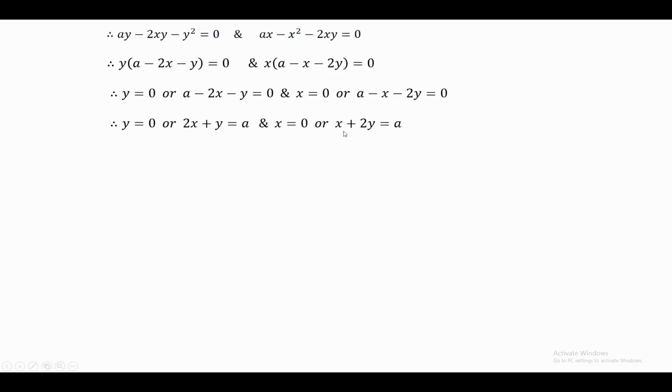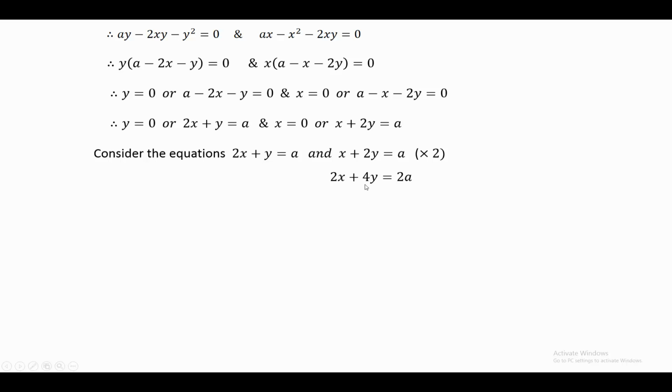Now solve these two equations and find the values of x and y. Consider the equations 2x plus y equal to a and x plus 2y equal to a. Now solve these two simultaneous equations. Multiply the second equation by 2, we get 2x plus 4y equal to 2a.